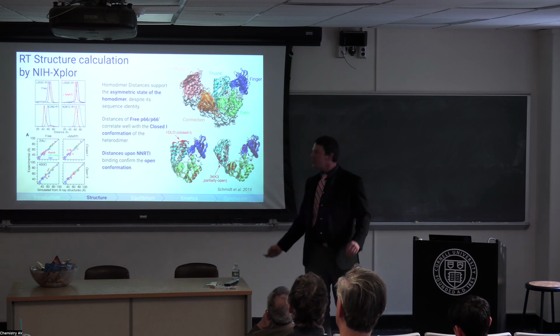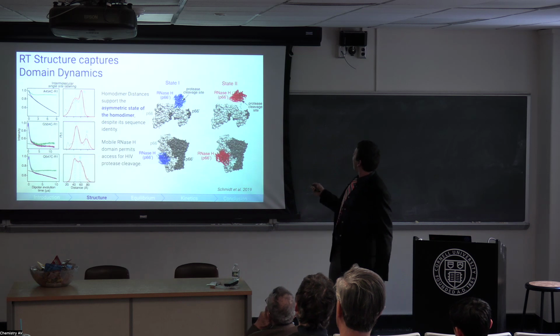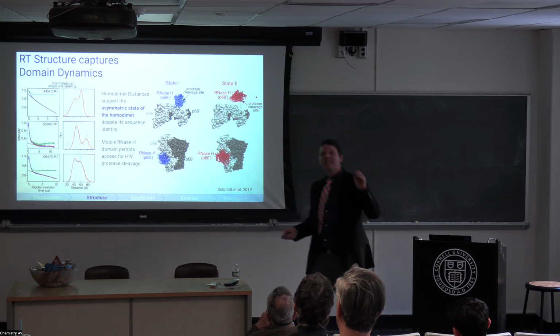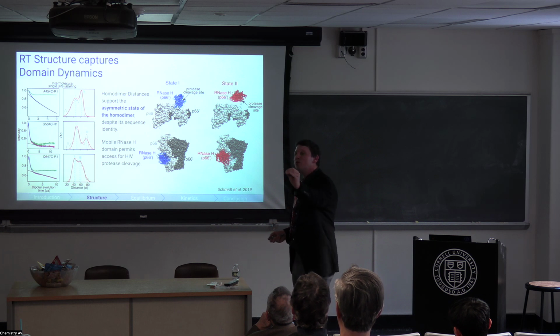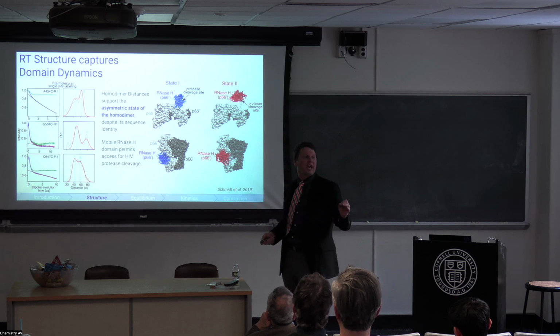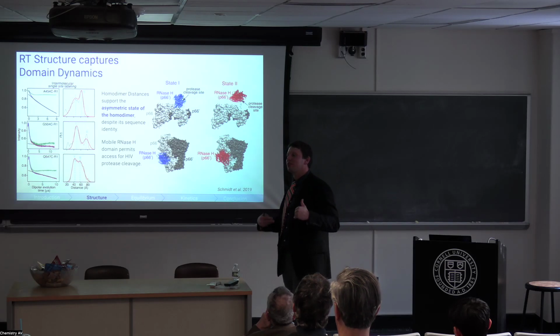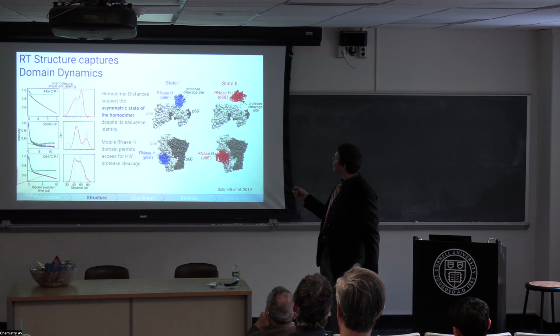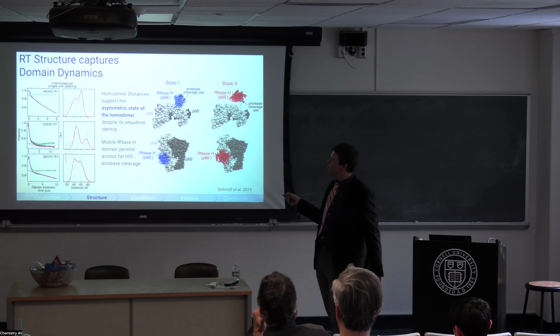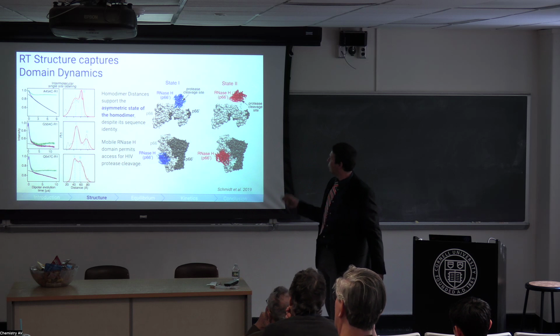Now, what I'm not showing here is actually the RNase domain. The RNase domain, which is the domain that ultimately gets removed by the protease to permit the conversion into its biologically functional form, is presented by two distance distributions, 1 and 2.